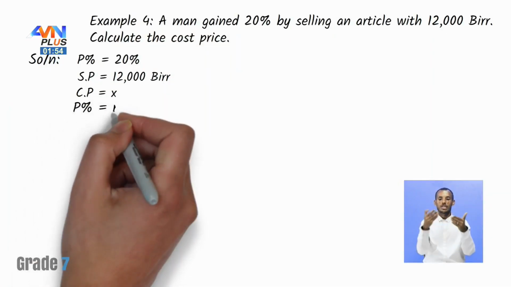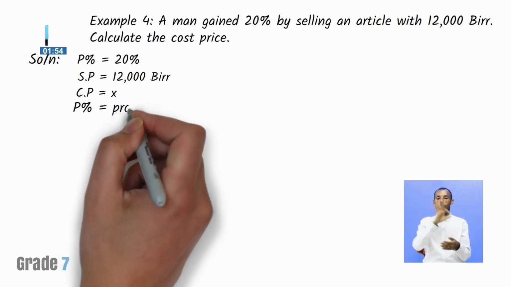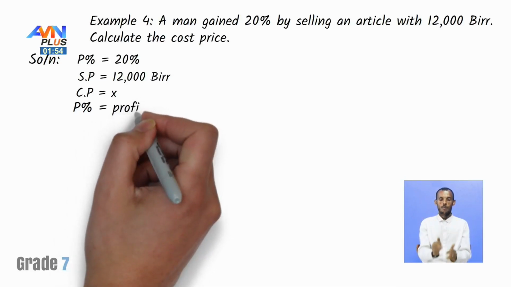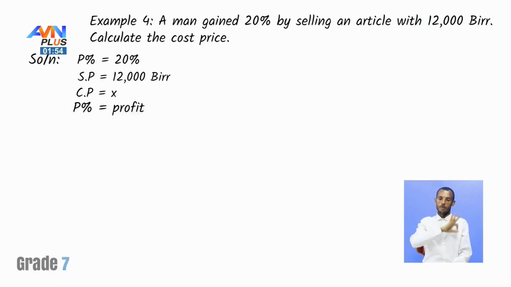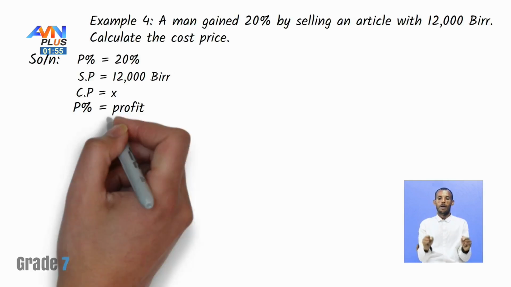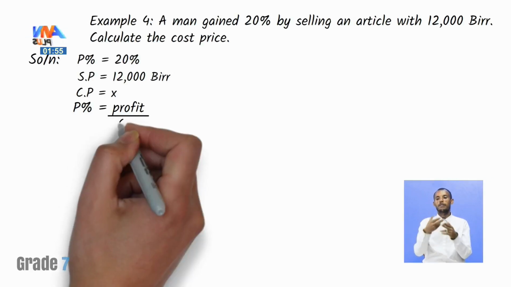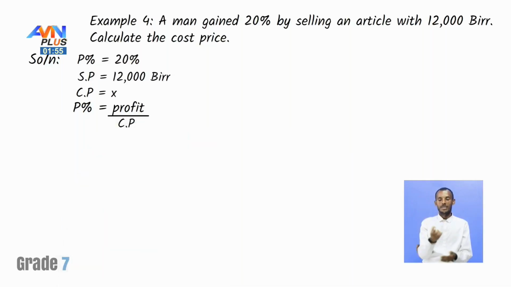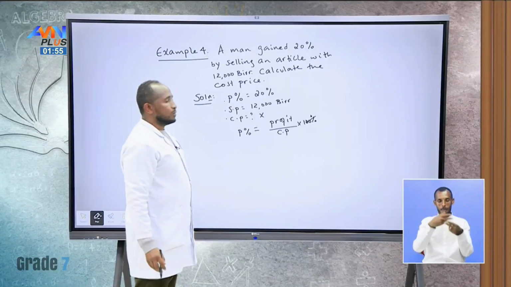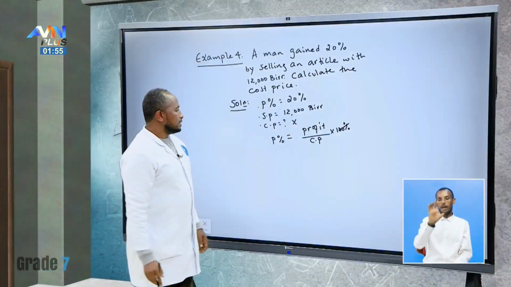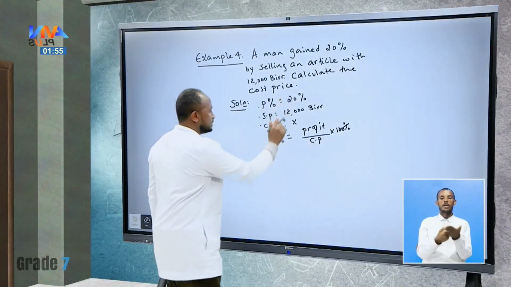Profit percent is equal to profit divided by cost price times 100%. But in this case, since profit percent is given, no need of multiplying by 100%. Therefore, here, profit percent is this 20%.